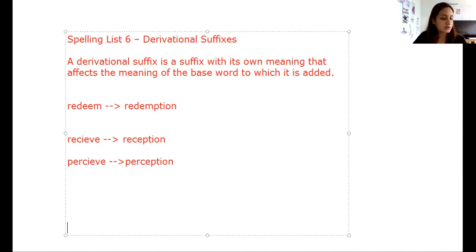Grace tried to describe the Grand Canyon to her friend. Number 8. I am grateful for the gifts I receive.